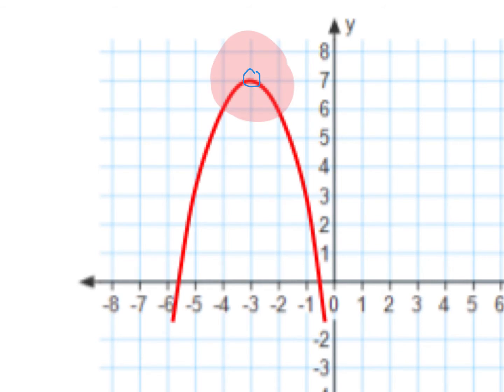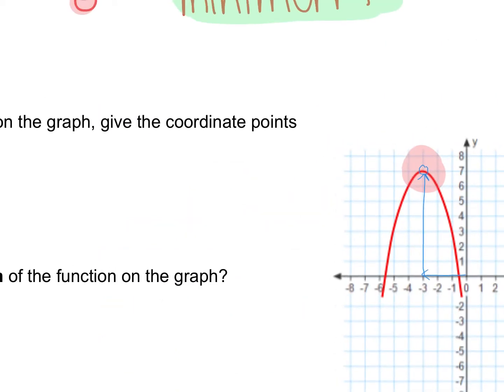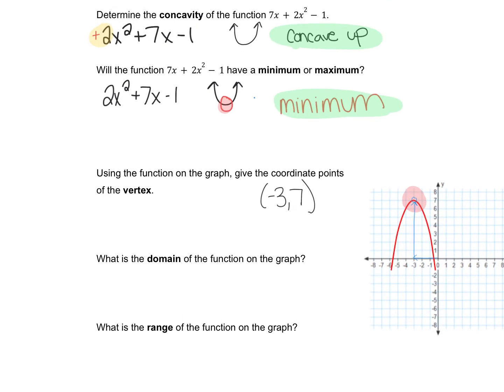We always go over first, so we went this way, -3. Then we went up to 7. So we went -3, +7. Finding those vertex points and putting them in this order, where it was x and then y, is how we do this.